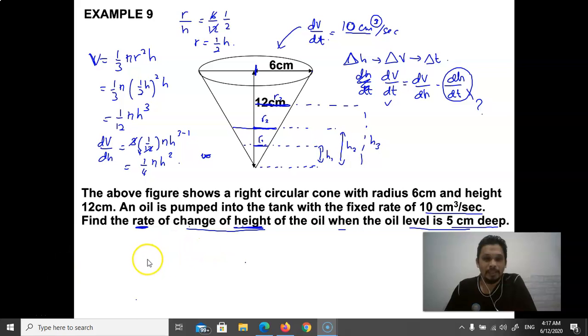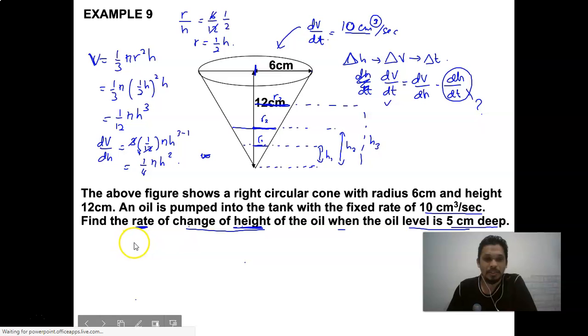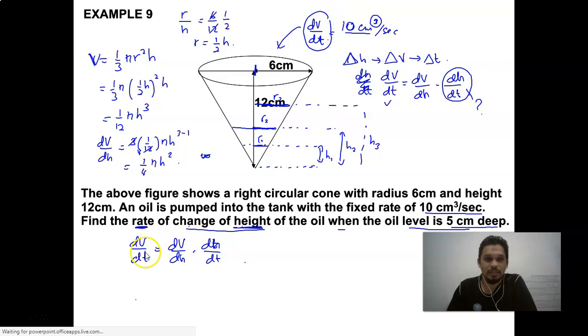And now let's rewrite our equation, where dV/dt equals dV/dH multiplied with dH/dt. So the first information given in the question is dV/dt, which is 10 cubic units per second.